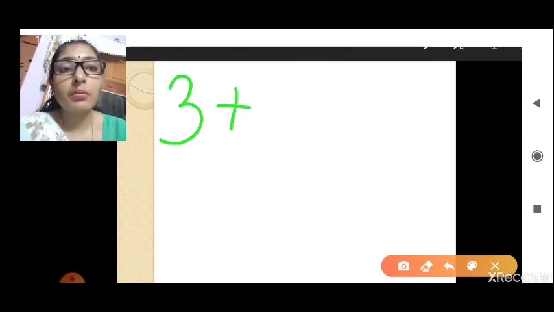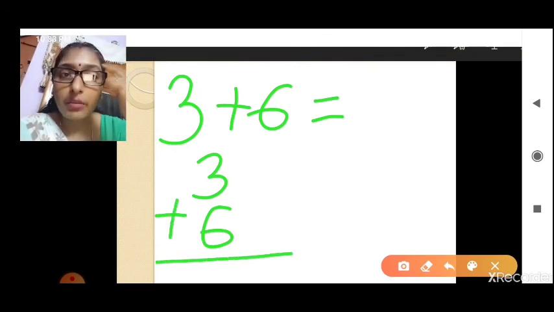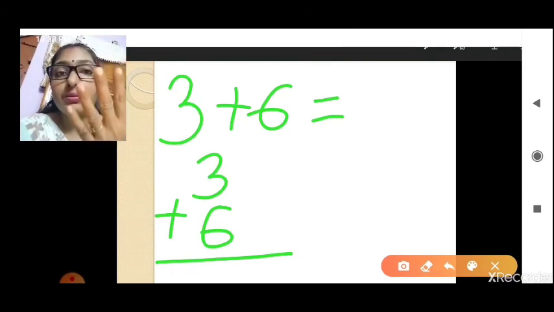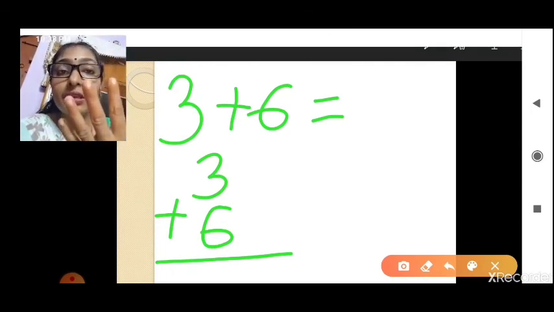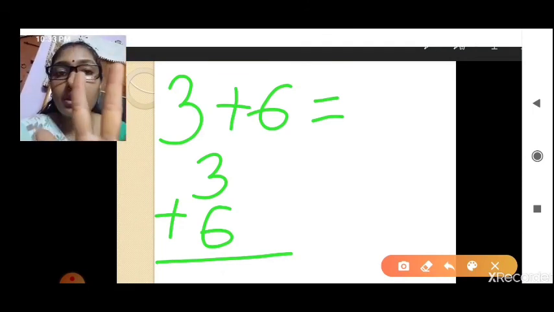3 plus 6. So we will write first 3, then plus 6. So 3 in the mind, 6 on the finger, but 6 is not there on the finger, so we will open both our hands.